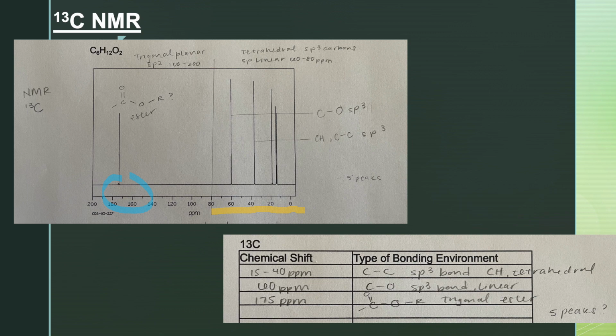So from the numbers that are showing up on here and what we've looked at in our IR, I think this peak at 175 is going to be an ester, because we know we have a CO double bond, and then there was also a CO single bond in there.